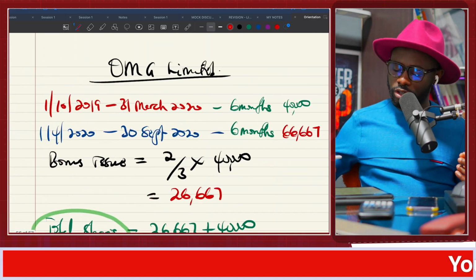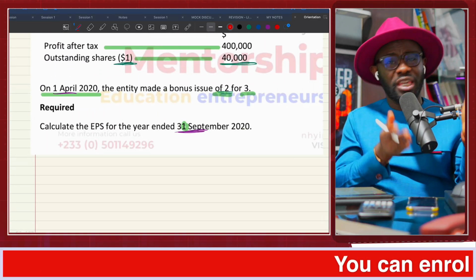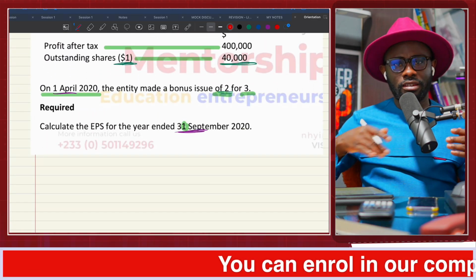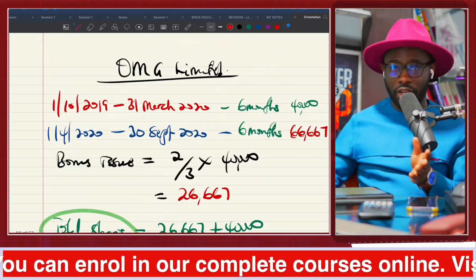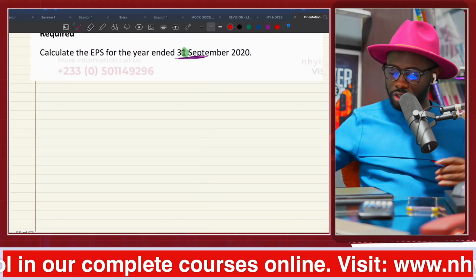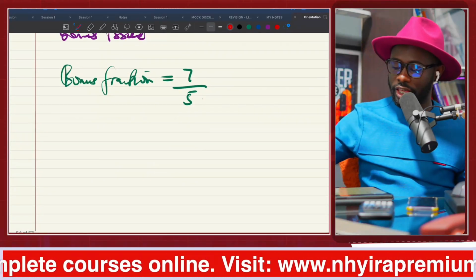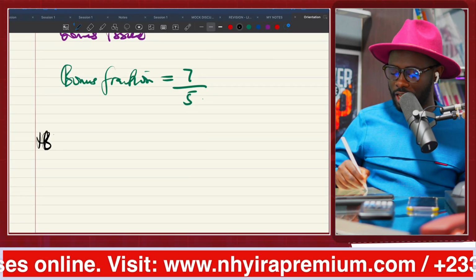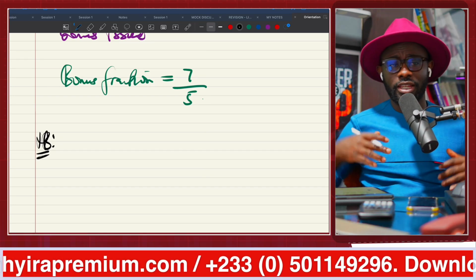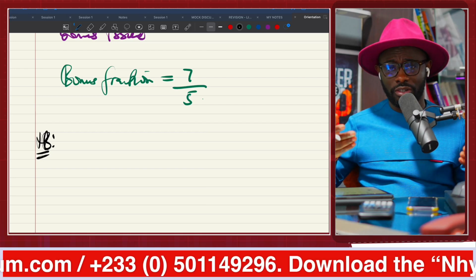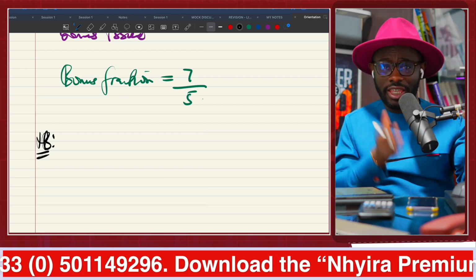Usually, when the bonus issue occurs at the beginning of the year, there will be no need for us to do any timing ratio. If there is no date in the question, the assumption for a bonus issue is that it is done at the beginning of the year.